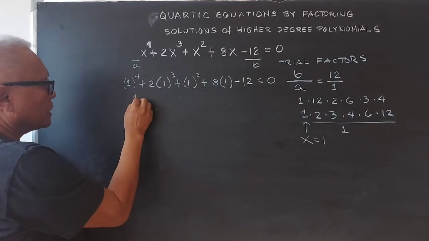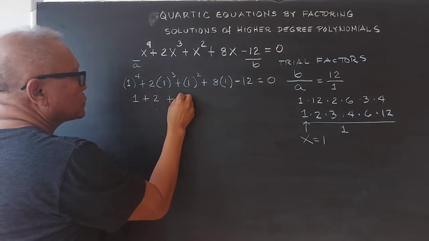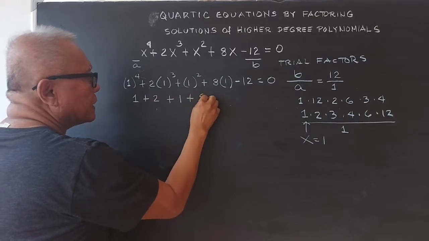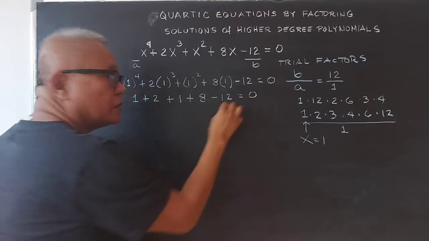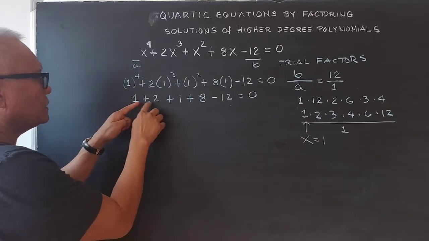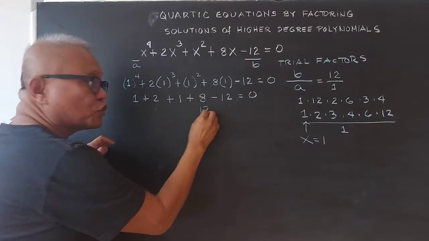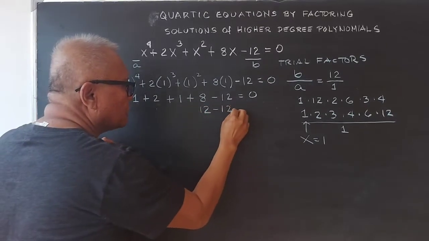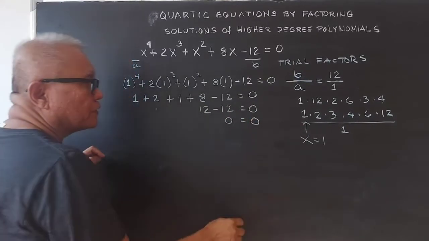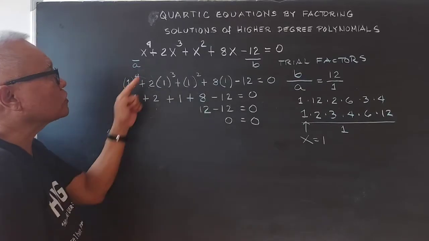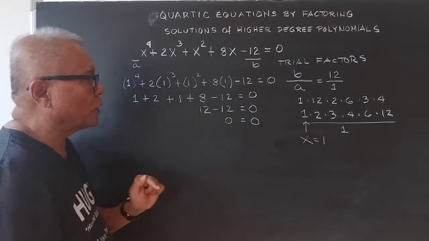So 1 plus 2 plus 1 plus 8 is 12, and 12 minus 12 is equal to 0. So 0 is equal to 0. Therefore, one of the solutions of this equation is x is equal to 1.